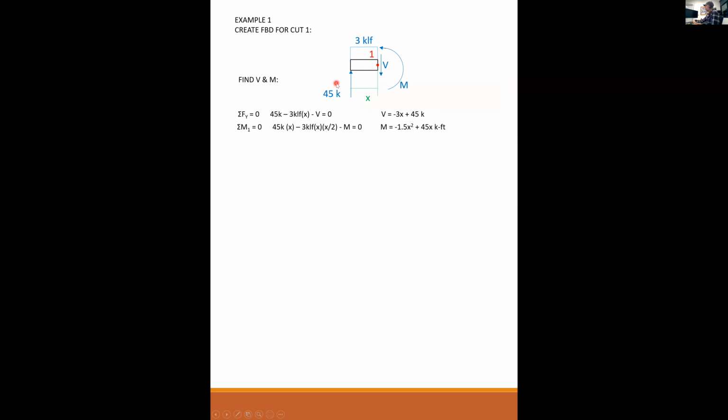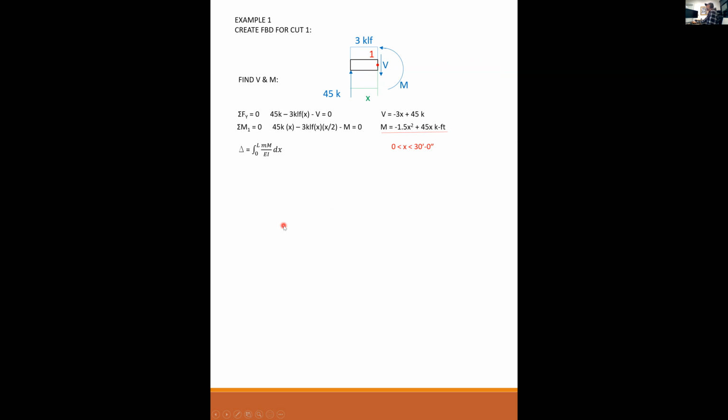So we've done this like 100 times now, but 45 kips times X minus 3 kips per foot times X in length times X over 2 moment arm minus M equals 0. M is equal to minus 1.5 X squared plus 45X. And this answer is actually valid from 0 to 30 feet.